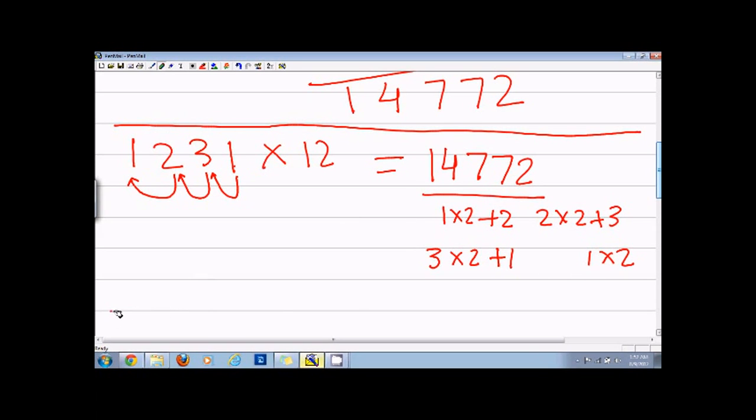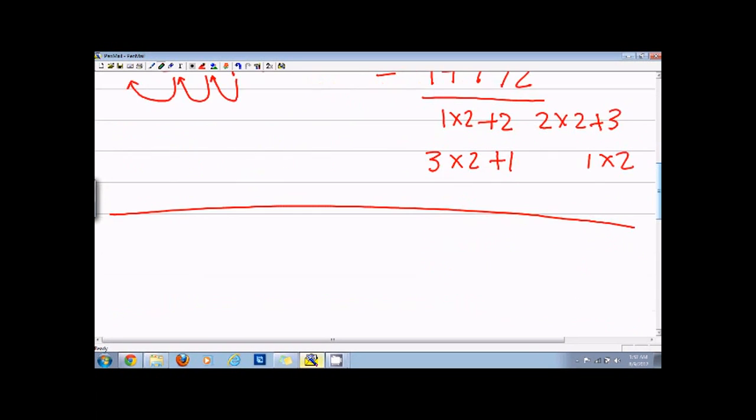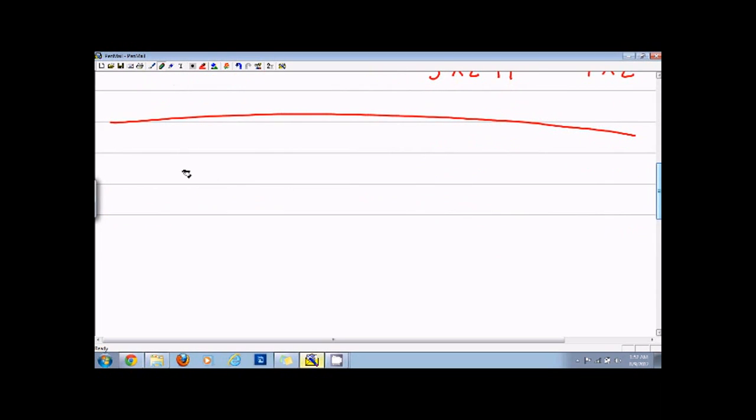So let's take another example. If I have to multiply 1 2 1 2, and we have to multiply it by 12. So in this case let's do it again.